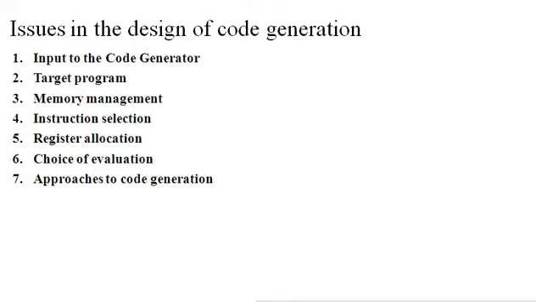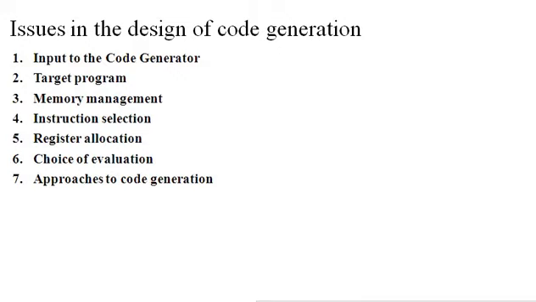Producing a relocatable machine language program as output has the advantage that subroutines can be compiled separately. A set of relocatable object modules can be linked together and loaded for execution by a linking loader. Producing an assembly language program as output makes the process of code generation somewhat easier.